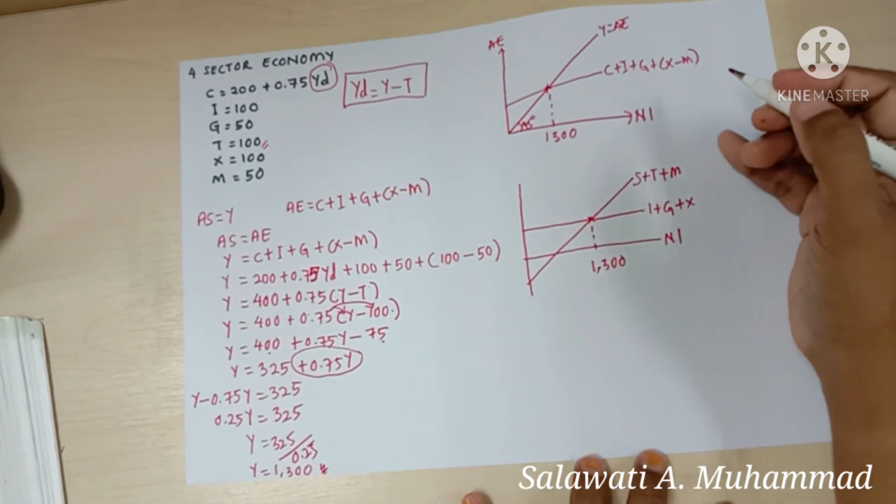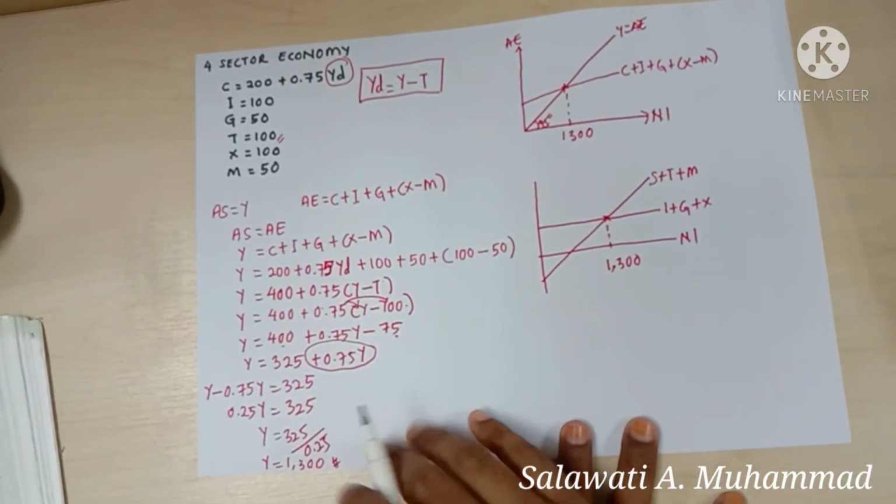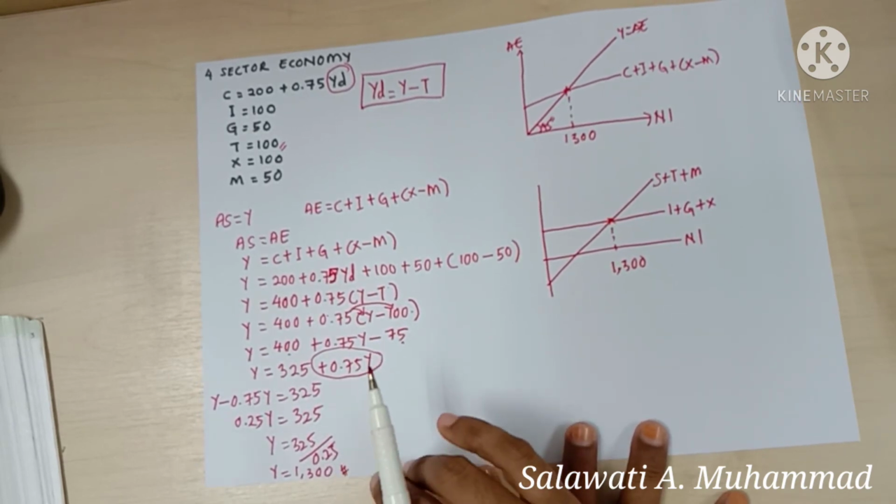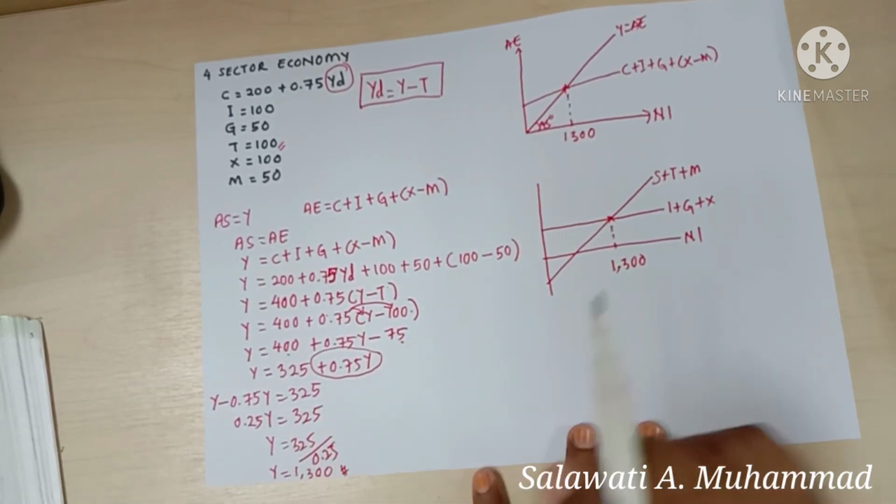Okay, so this is how we got national income equilibrium for the four-sector economy.